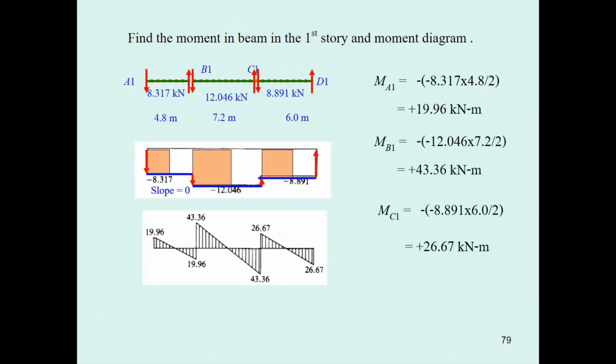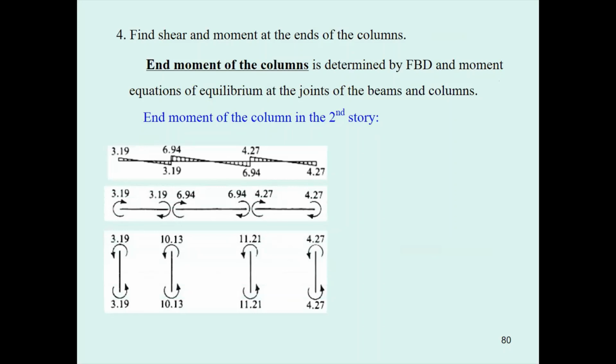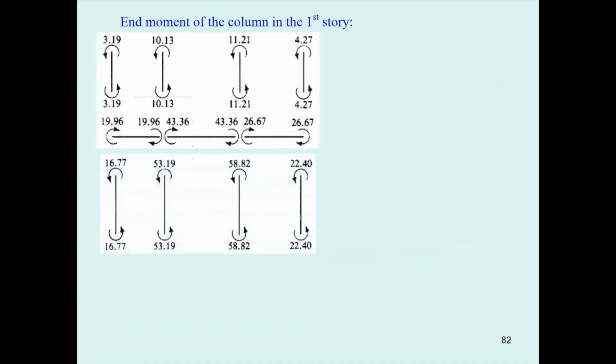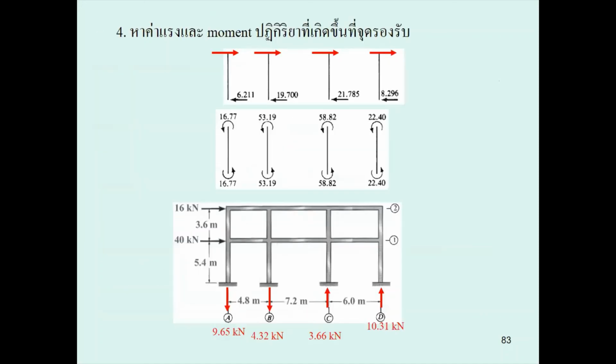If you understand the portal method, you will do the cantilever method more easily. After you get the shear diagram and moment diagram of the beam, you do the same thing for the shear diagram and the moment diagram for the column. But you have to be very careful in the calculation.